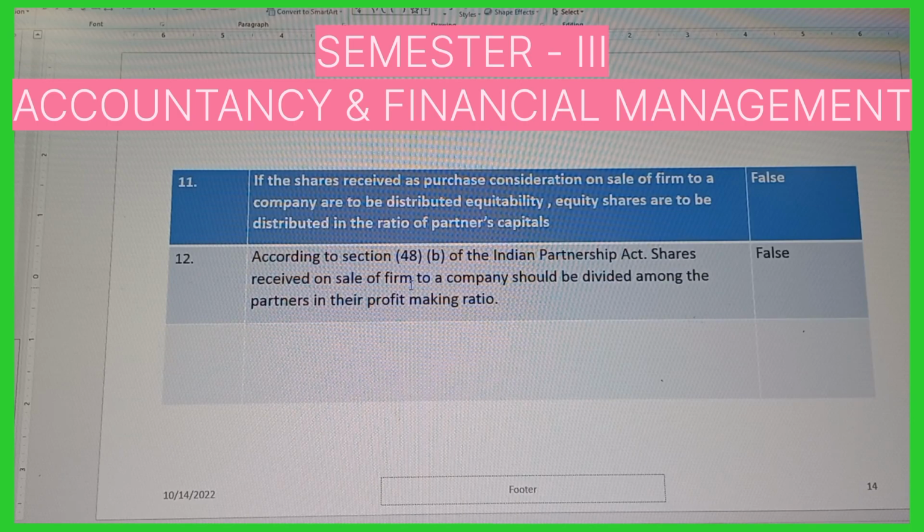According to section 48B Indian Partnership Act, shares received on sale of firm to company should be divided among the partners in their profit making ratio. False. So whenever shares are received by the firm, they should be divided among the partners in the profit sharing ratio. Therefore answer is false.